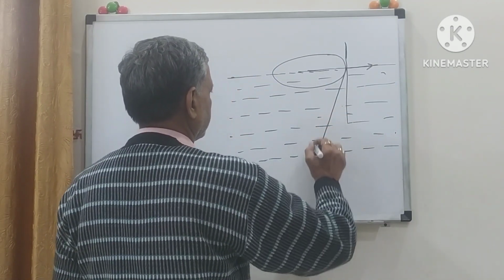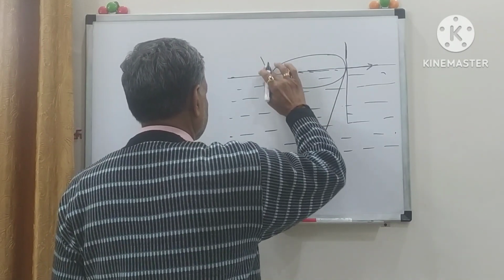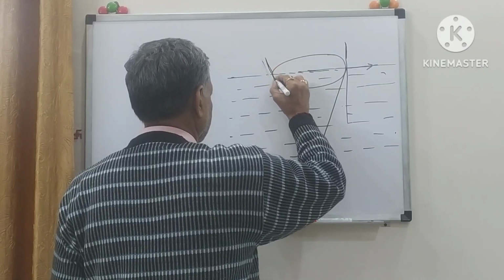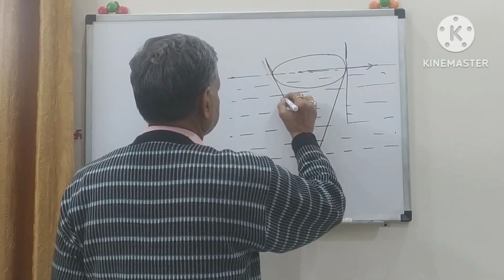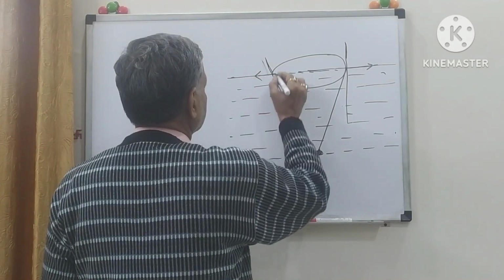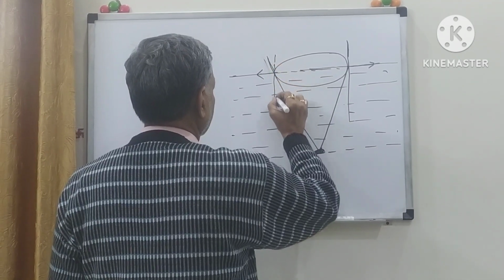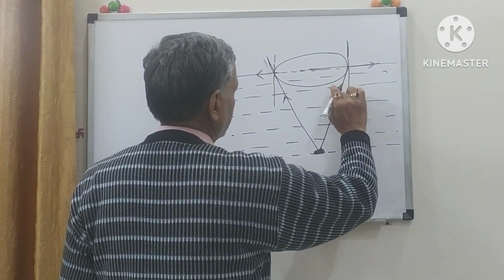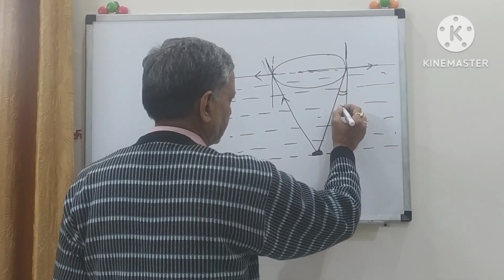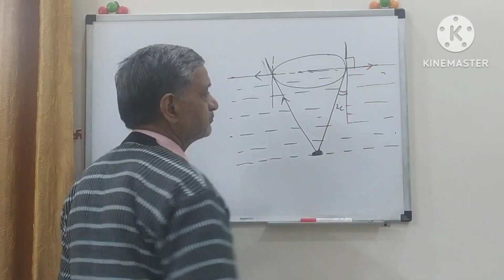Similarly, the ray which is incident along this side, so again, if you draw the normal here, it means this is the angle of incidence and that is the critical angle because the refracted ray is 90 degrees.